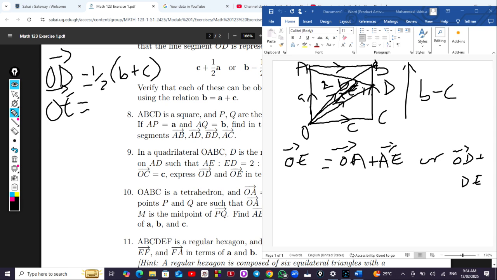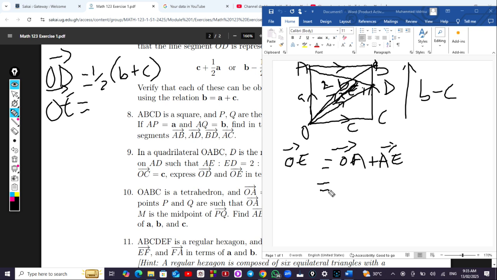Okay, so we are using this one, OA and AE. So OA, we know OA as A, but we don't know AE, and E is also dividing AD in the ratio 2:1.